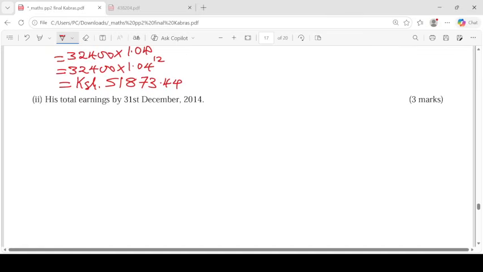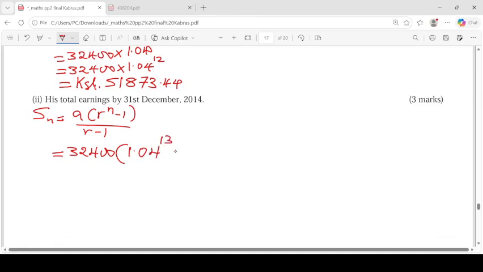Part C, Roman 2, sorry. His total earnings by 30th December 2014. So the sum of n terms will be given by a into r power n minus 1 over r minus 1. They want the total earnings, the summation. So this is 32,400 into 1.04 power 13 minus 1 all over 1.04 minus 1.